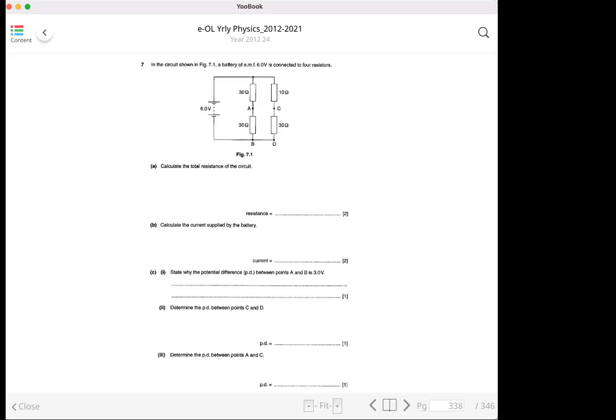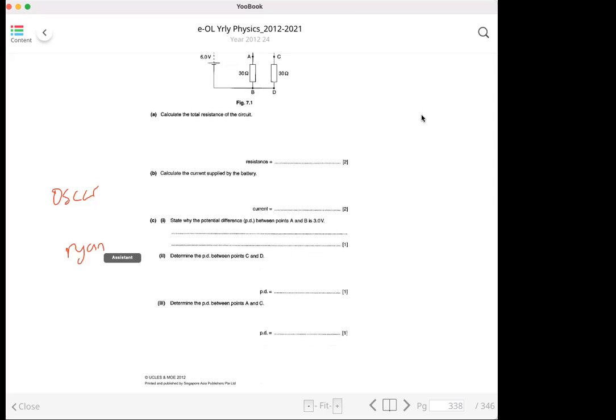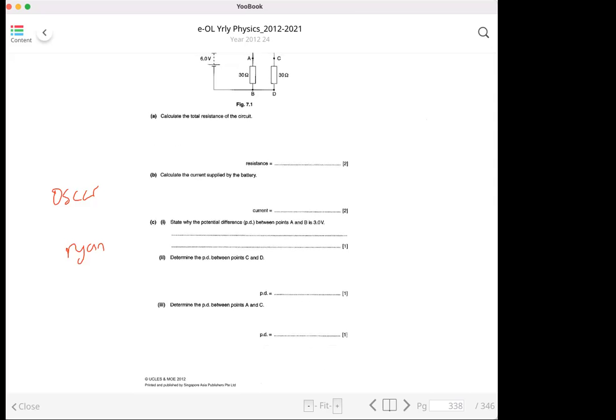Okay, can I have Oscar do part A on the screen? Okay, Ryan, can you do part B on the screen? Okay, Yuting, you do. Okay, sorry, let me.